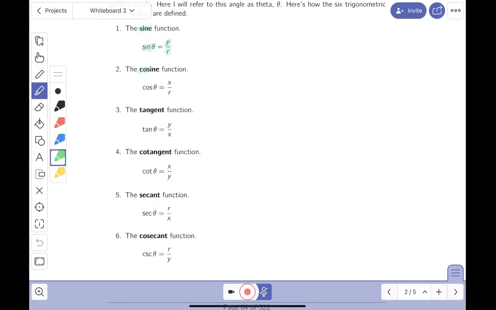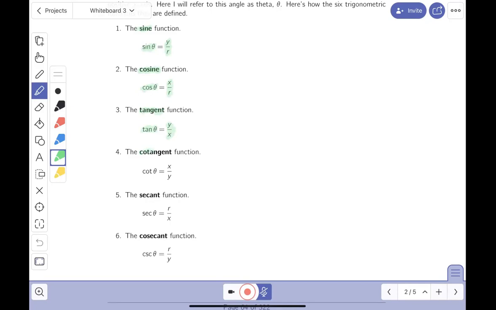The cosine function is defined as a function of theta, and it's defined as the abscissa over the radius. And again, this is for a circle centered at the origin. The tangent function, tangent is a function of theta, and it returns the ordinate over the abscissa, right?